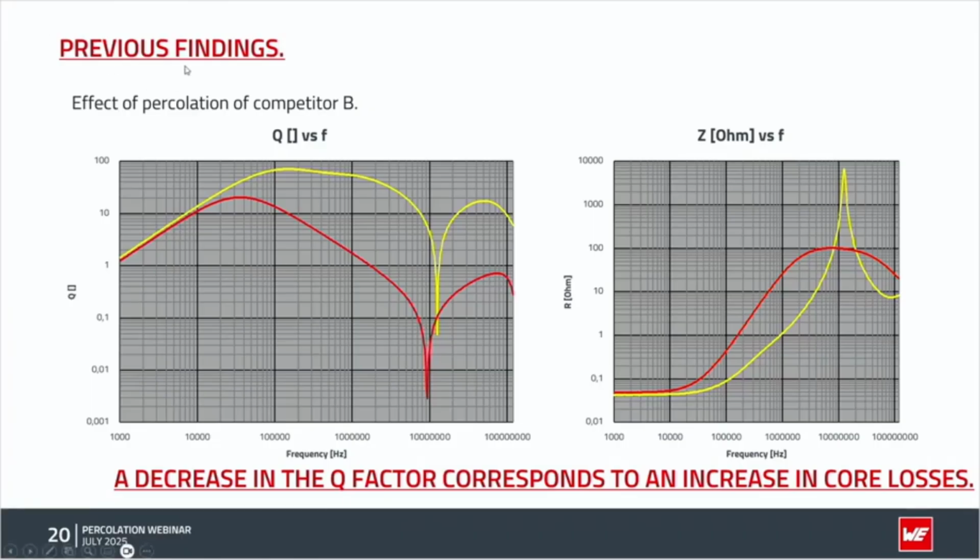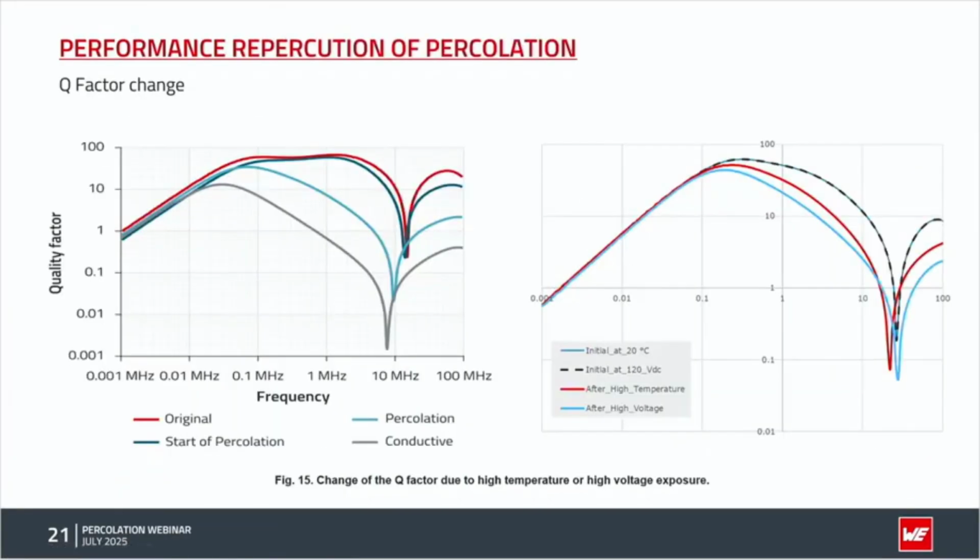But let us say that a decrease in the Q value means a strong increase in the losses. Here is a summary for you at this point of what the percolation effect is. The initial steps of percolation are not easily visible, even for us, so the Q value doesn't change so much.